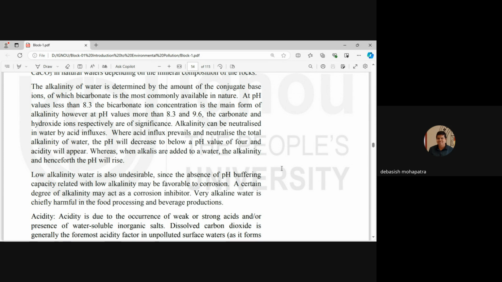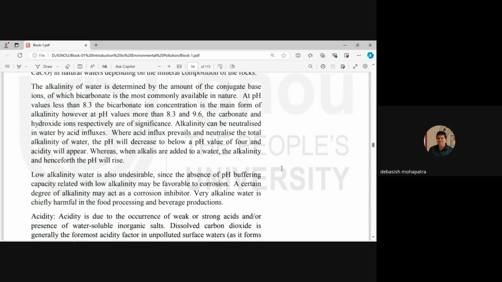Low alkaline water is also undesirable, since the absence of pH buffer capacity related with low alkalinity may be favorable to corrosion. So a certain degree of alkalinity may act as a corrosion inhibitor. Very alkaline water is chiefly harmful in food processing and beverage production.